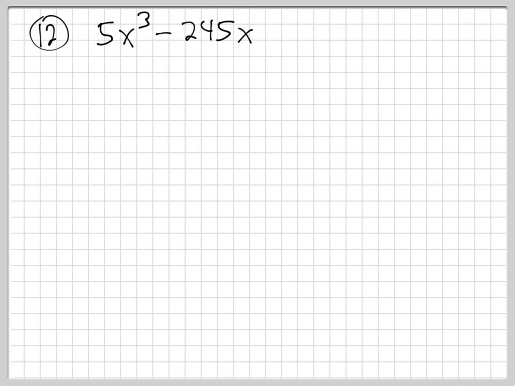Yeah. So do the first step. What's the first step on every factoring problem? Look for a GCF, and if there is one, do 1 big parenthesis. So use your calculator, find out what goes into 5 and 245, and then take out the lower power. What's the lower power? Let me jump in.